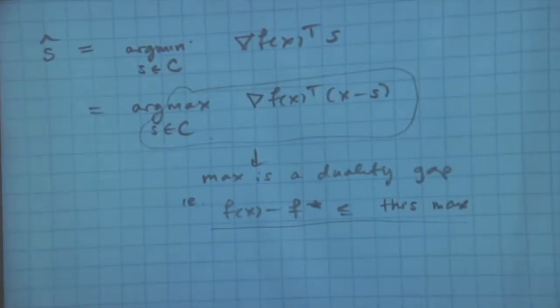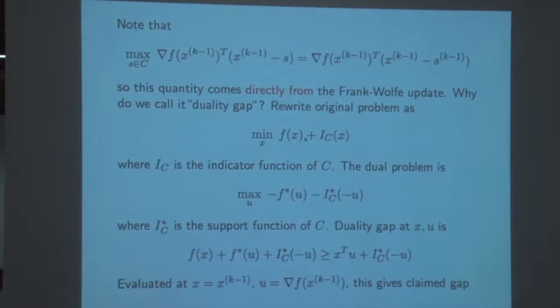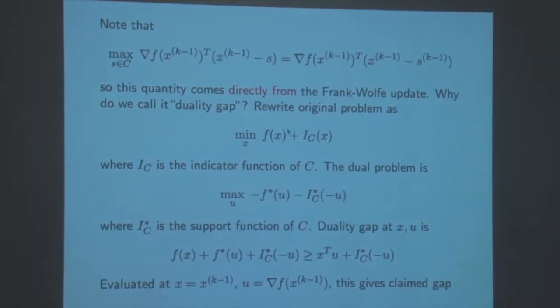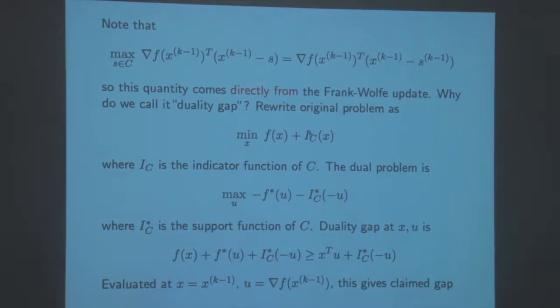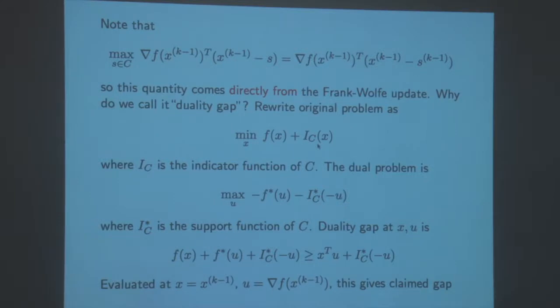So why do we call this a duality gap? This should now be something that you can see, at least at a high level, from our work on duality. If we rewrite the original problem as an unconstrained problem with an indicator function, f of x plus the indicator of x lying in the set C, then we can think about its dual.